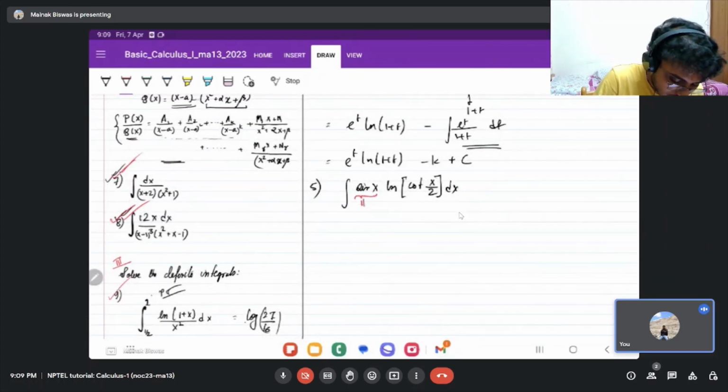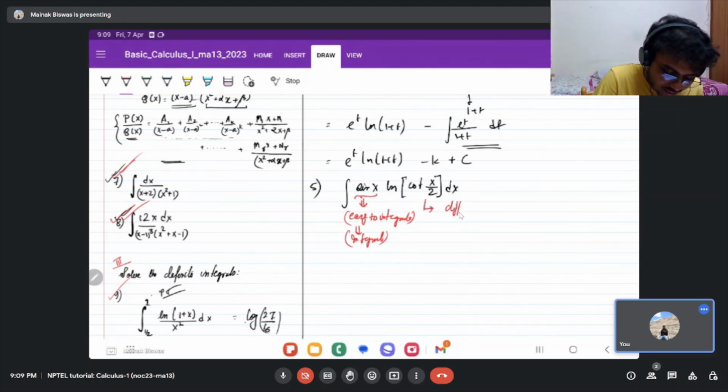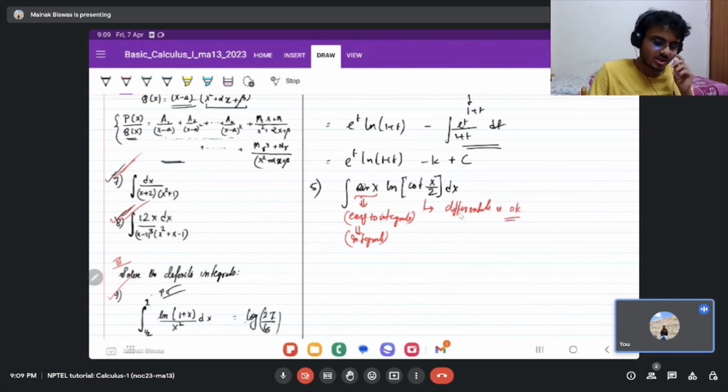It turns out sin x is easy to integrate, we all know that, and log cot x by 2 would be simpler to differentiate. So we will integrate sin x, and differentiating the second part is okay.